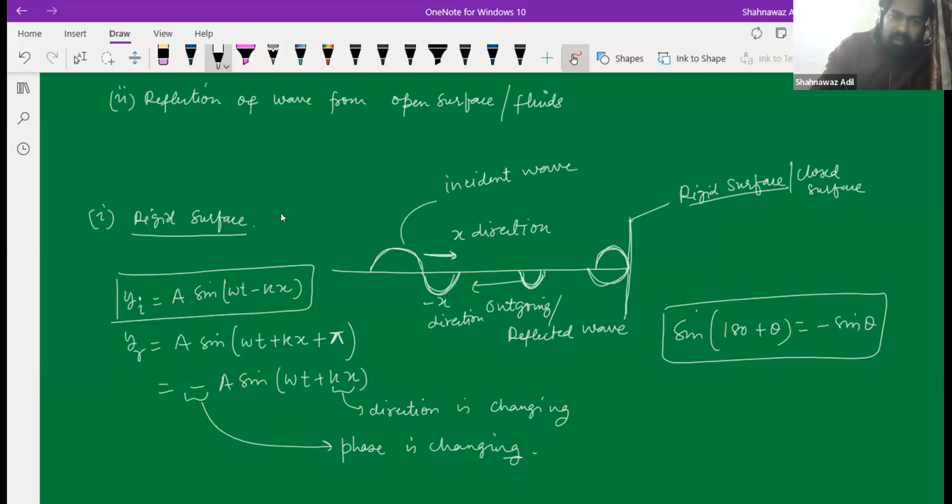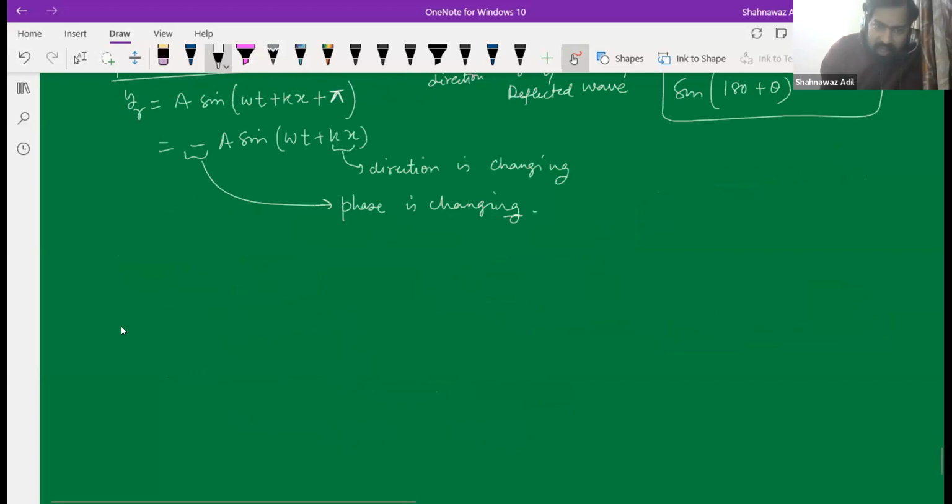This is from the rigid surface, and we know that for a rigid or closed surface, phi would be pi. So we have that the phase difference is pi.